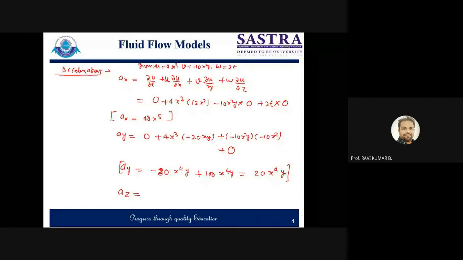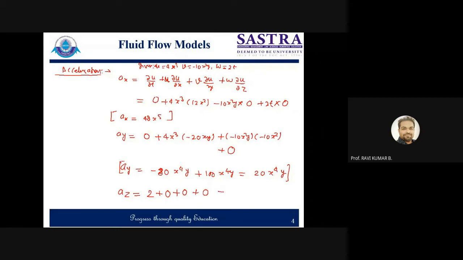Now the first term ∂w/∂t will have some value. We'll get 2 out of this. Plus, do we have x in this? No, we don't have x. So the moment you put u ∂w/∂x, this term is 0. Plus we don't have y in this, so v into ∂w/∂y is 0. And last, w, and we don't have even z in this, so this term is also 0. So finally what you got out of this is the value 2. Clear?